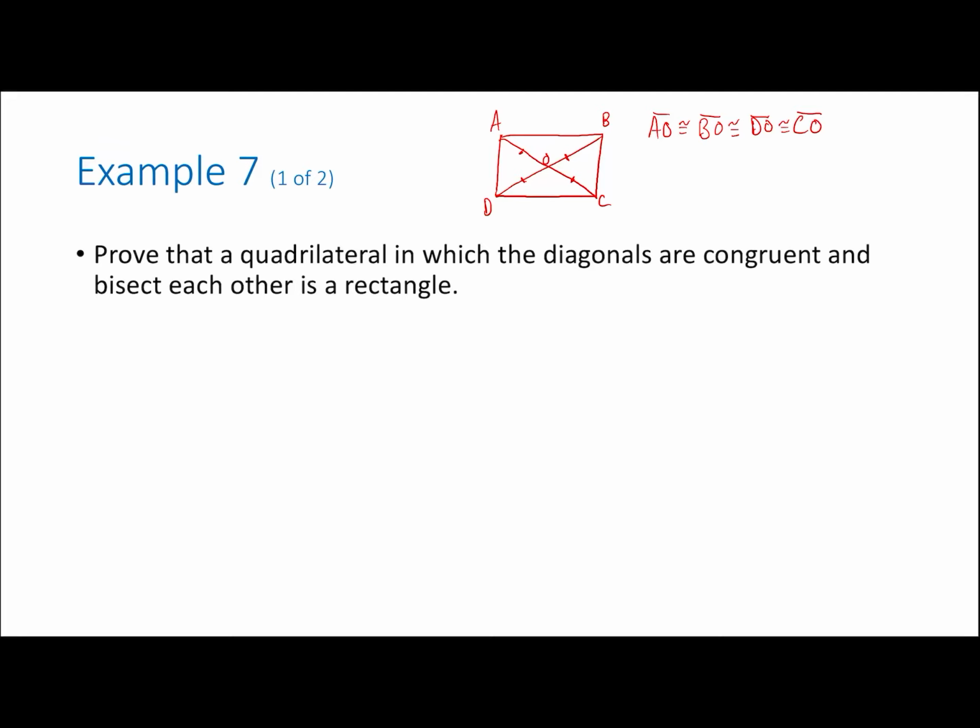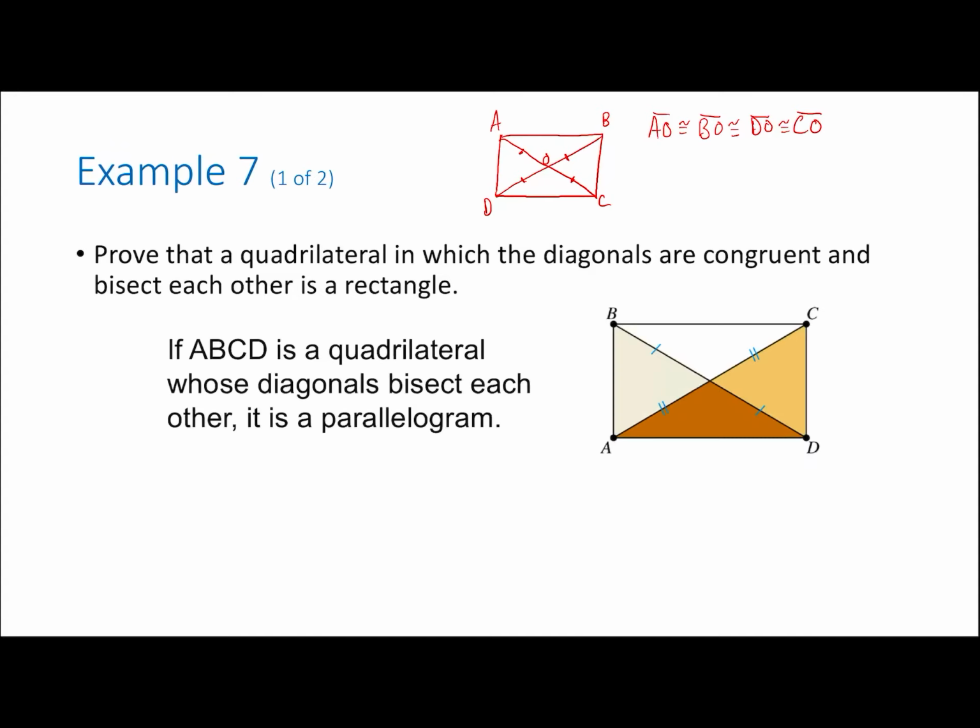Based off just what we're told, AO is congruent to BO, which is congruent to DO, which is congruent to CO. If the diagonals are congruent and bisect each other, each of those segments has to be the same length.